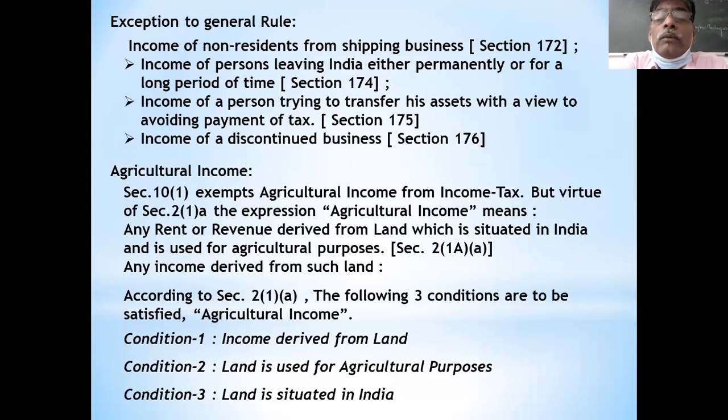The next point is income of discontinued business. Suppose you discontinue the business, realize the assets, and settle the accounts. Once you settle the accounts, there is no existence of the business. For a discontinued business, the assessment year and previous year become the same.